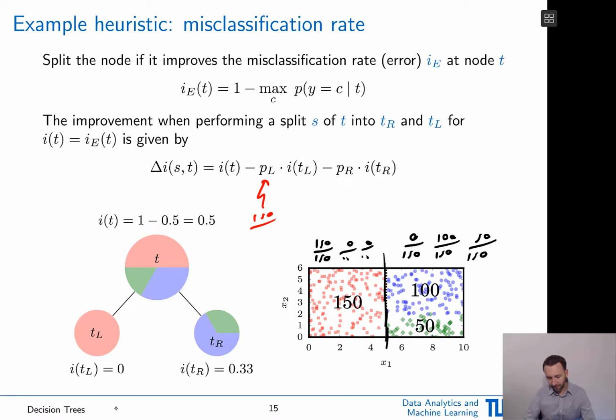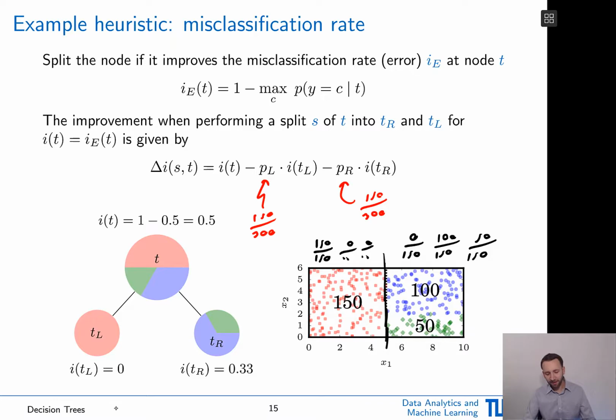So 150 divided by 300. And here also 150 divided by 300. So these are the relative sizes of the left and right child, okay? Because it might not be equally sized, right? One might be smaller than the other one, okay? So we have to weight it accordingly. But here we are looking then at the corresponding misclassification error in the corresponding children, okay?